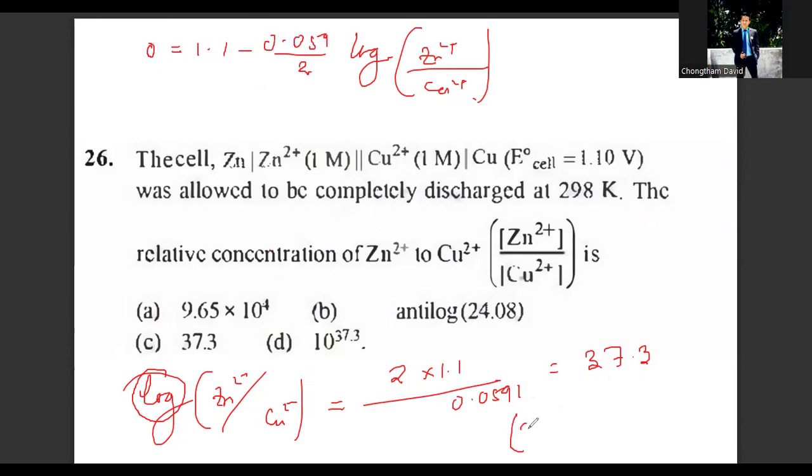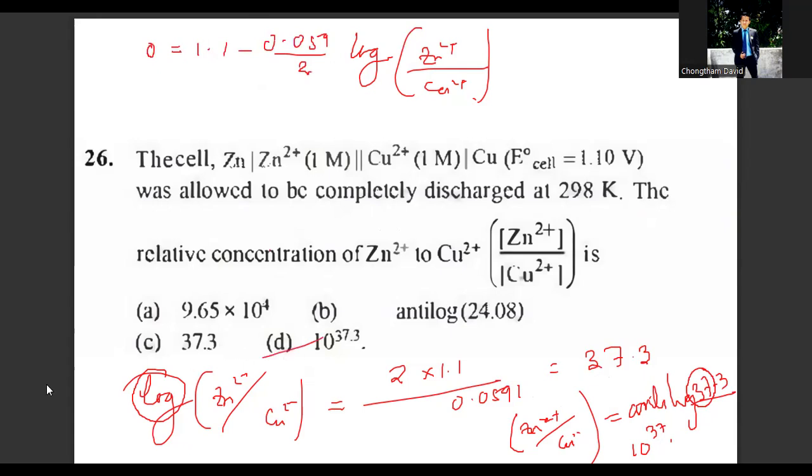So now the question comes, how to find this? It would be the anti-log of 37.3. So just erase this 37, okay, before, because it is in front of the decimal, right? 10 to the power 37. So what is the nearest answer for this question? 26. D.